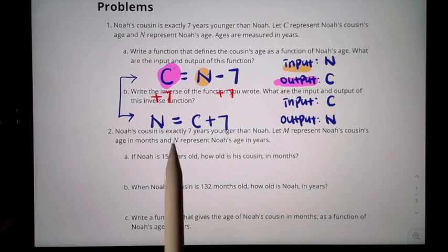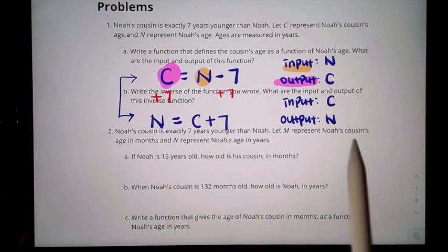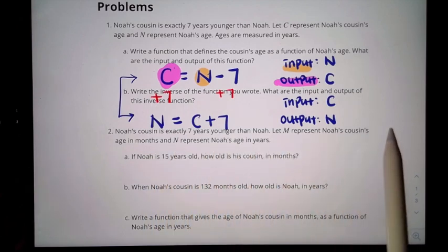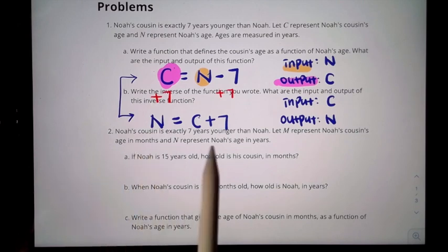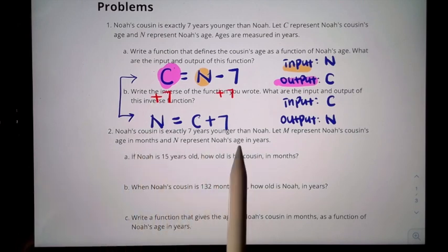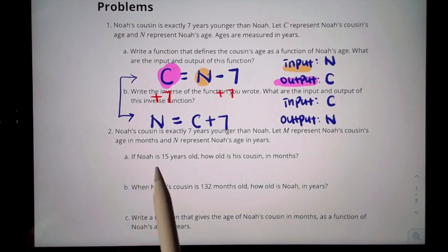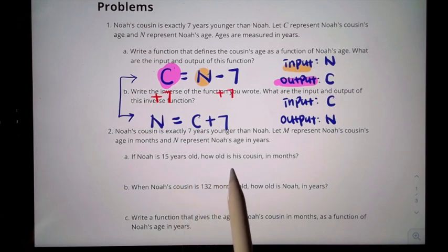Noah's cousin is exactly 7 years younger than Noah. Let C represent Noah's cousin's age in months, and N represents Noah's age in years. If Noah is 15 years old, how old is his cousin in months? First of all, let's get the cousin's age first.